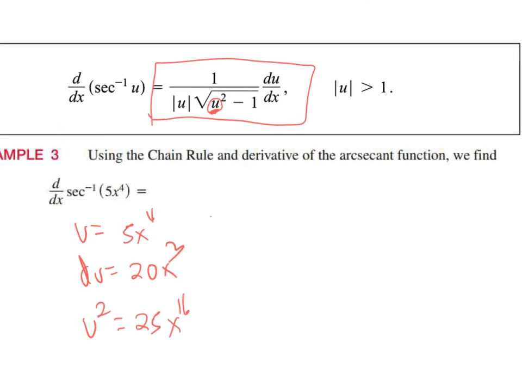I know the answer is going to be 1 over the absolute value of u. The absolute value of u is the absolute value of 5x to the 4th, which is always going to be positive anyway, so I don't need to put absolute value, but I will for the sake of argument. Square root of u squared is 25x to the 16 minus 1, times du.